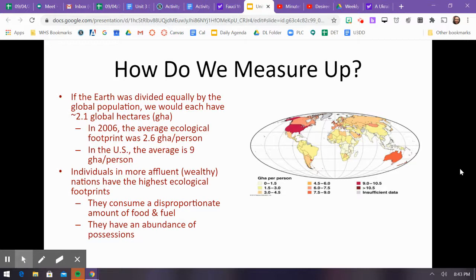In the US, the average is 9 GHA per person. So that means in the US, we're living a life that is essentially unsustainable. Individuals in more affluent or wealthy nations have the highest ecological footprints. We live more excessive lives.